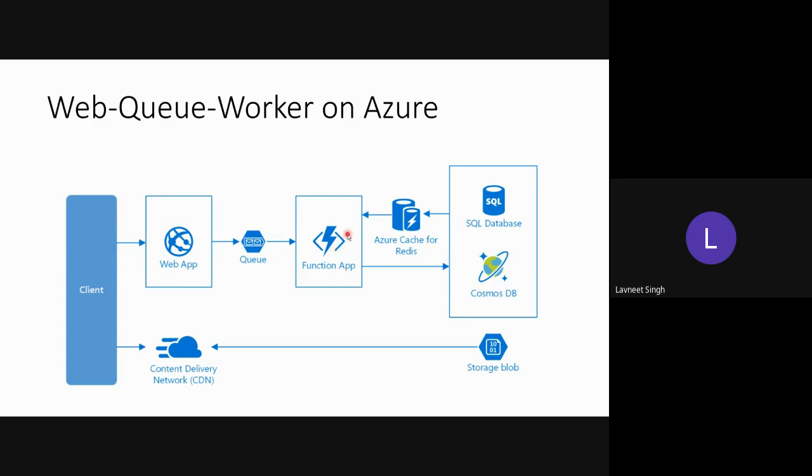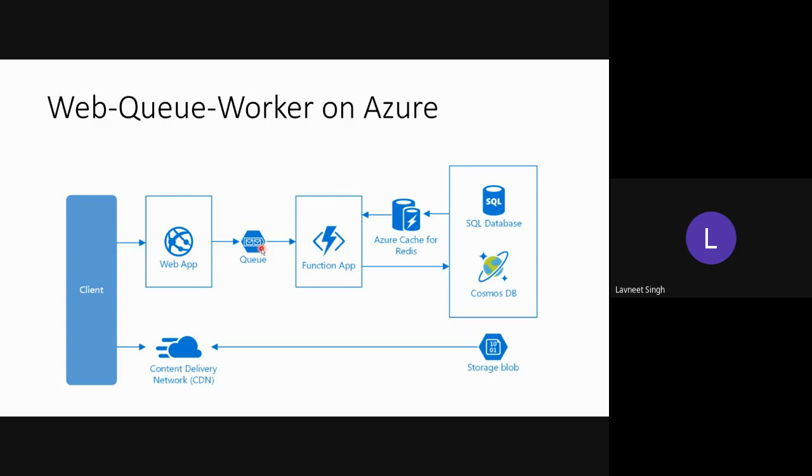But coming back to the role of function app inside of the WebQ worker architecture, this service gives you the ability to execute a piece of code tied to a trigger of the queue.